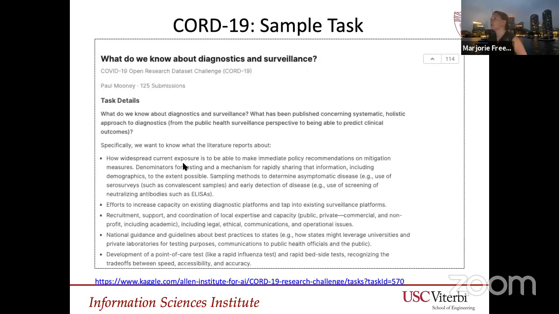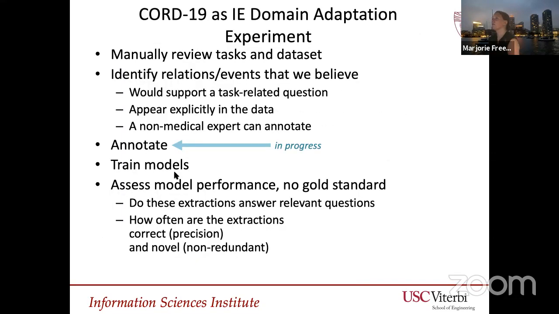And so a slide on this. And so we said those task-related questions that are available through this leaderboard that somebody is hosting guided how we chose the relations.